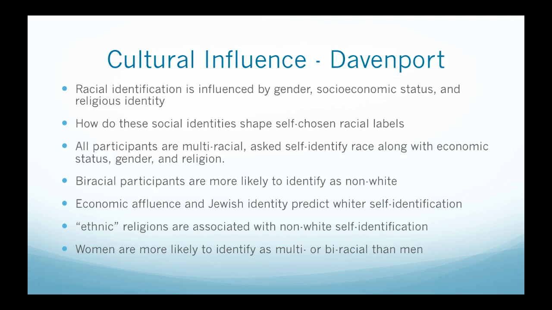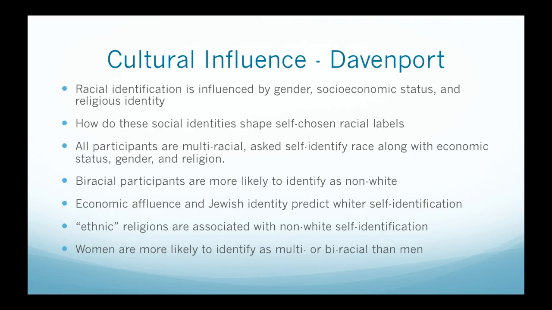What Davenport found was that biracial participants are more likely to identify as non-white than white. The best predictors of a tendency to identify as white as opposed to your other race would be economic affluence and Jewish identity.